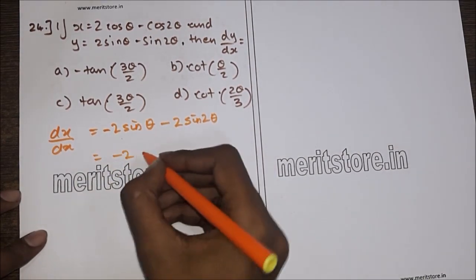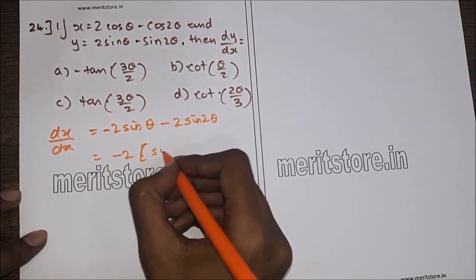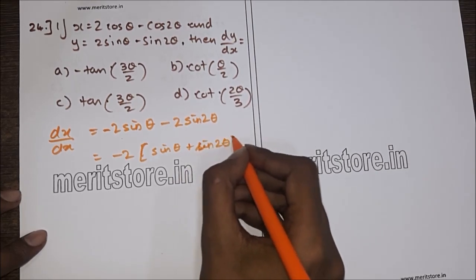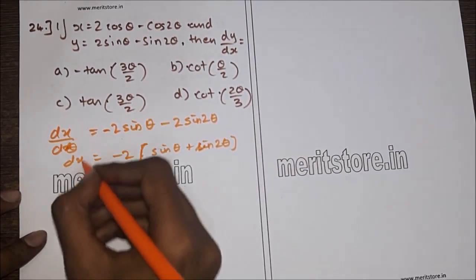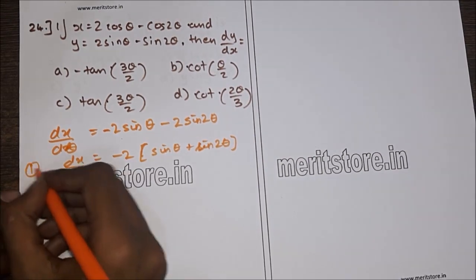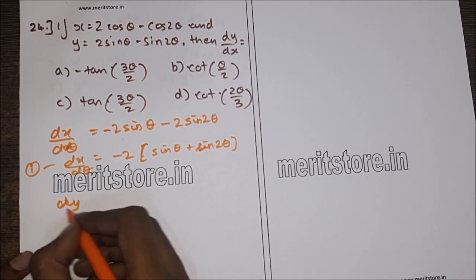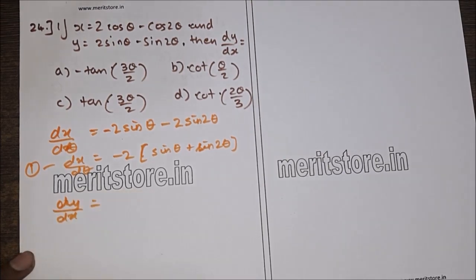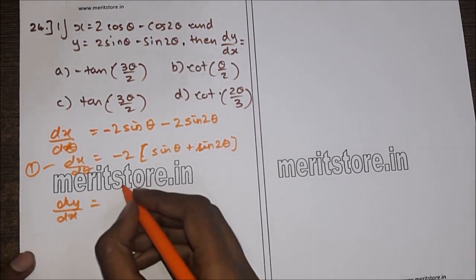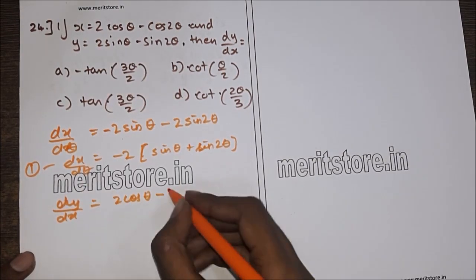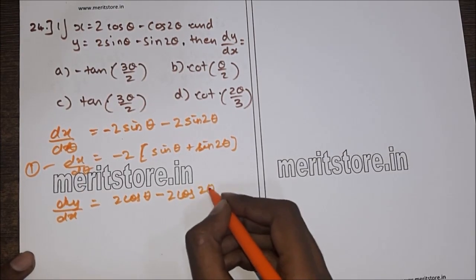We take 2 common, so this is minus 2 times sin theta plus sin 2 theta. Let this be equation 1. Similarly, dy by d theta is 2 cos theta minus 2 cos 2 theta.